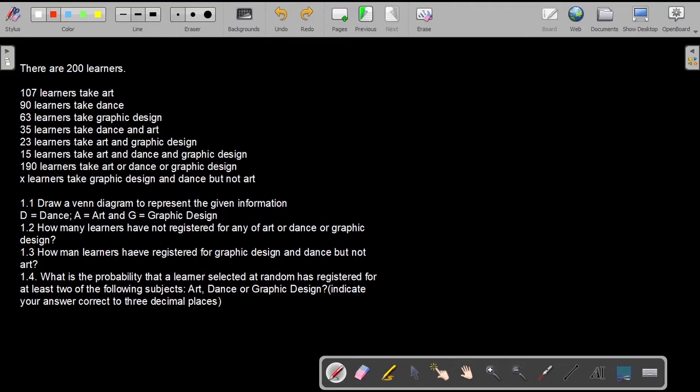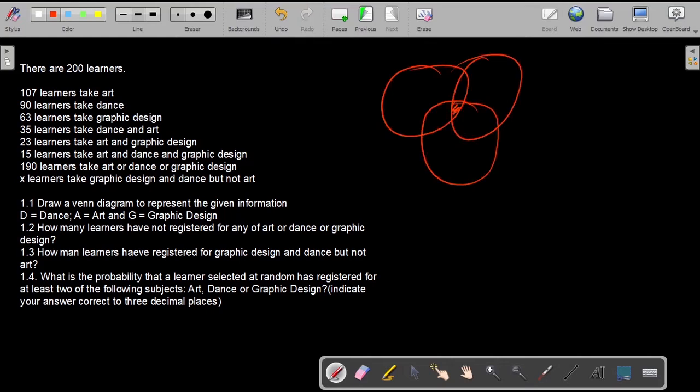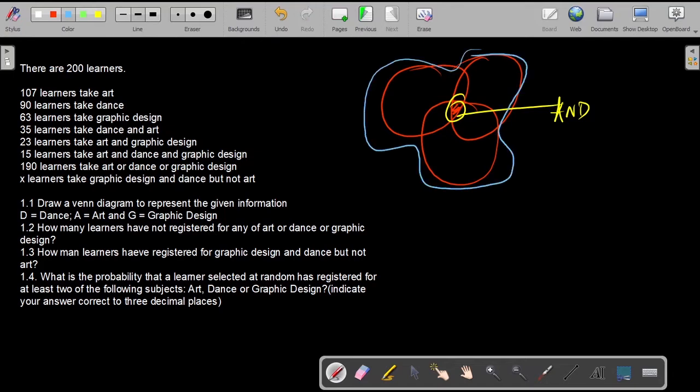So now the next line says 190 learners take art or dance or graphic design, and once again here's the term or and not and in this case. Now we established that we do have an intersection of all three, and that point there is the and. But now they're basically saying 190 learners take art or dance or graphic design, which basically means we're talking about everything, all the classes, which is everything inside here.